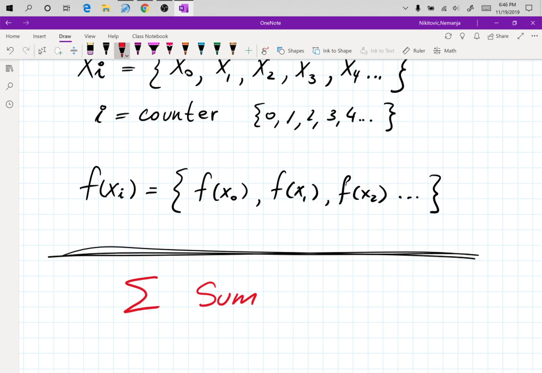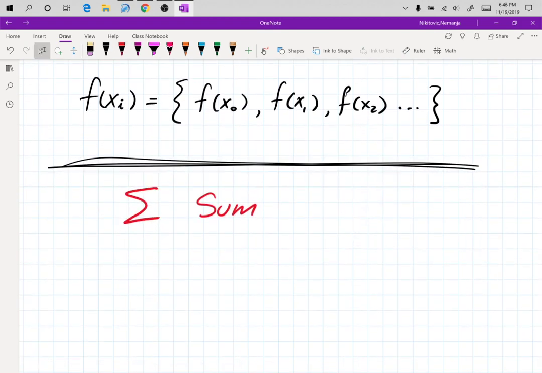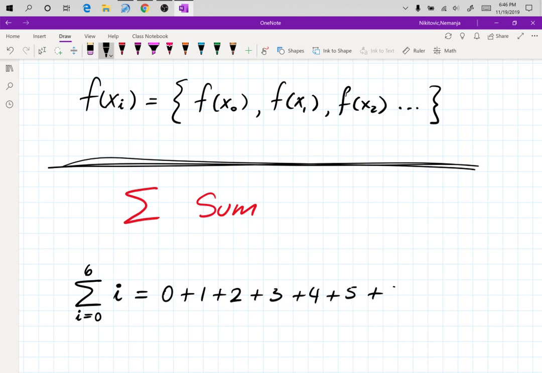So, summation, where let's say i goes from 0 to 6 of i is going to be 0, plus 1, plus 2, plus 3, plus 4, plus 5, and stop at 6, because you have your input value where you start counting for i's, and then you have your terminal 6, which is on top of the sum, and that's when you're supposed to stop. Now you can add these values, right? Get 21.